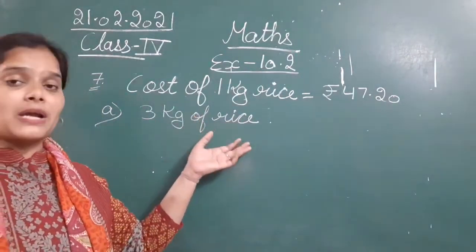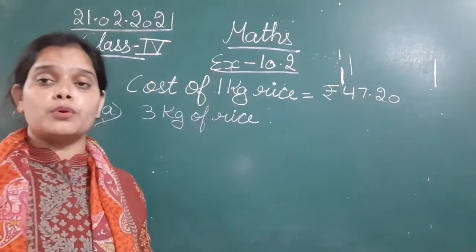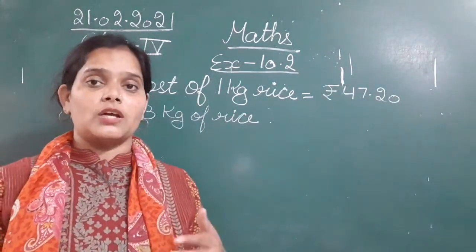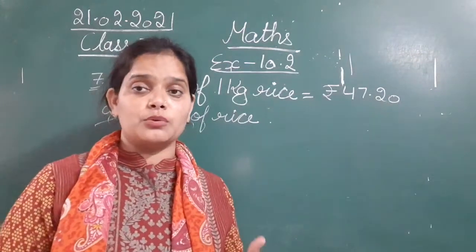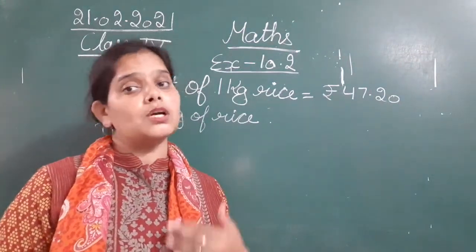Obviously the price of 3 kg rice will be more than the price of 1 kg. और जब कम से कोई ज़्यादा चीज़ निकालनी होती है तो what we do is multiplication.